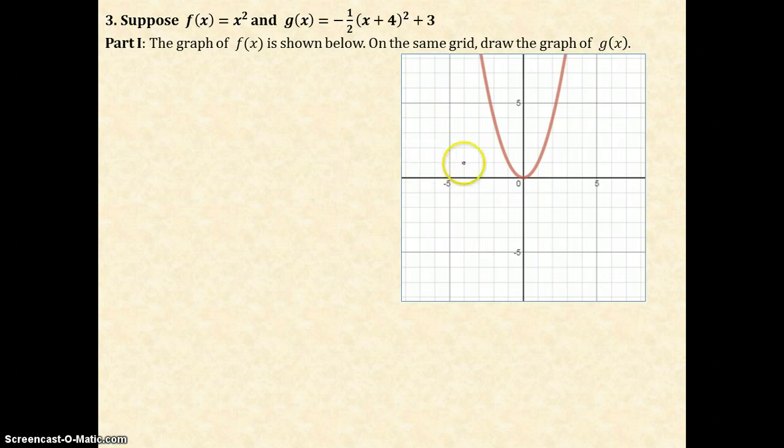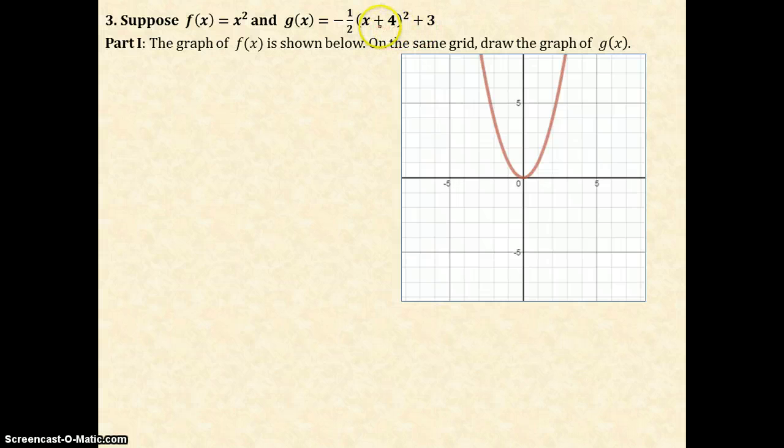Suppose f of x is x squared, and g of x is negative 1/2 times the quantity x plus 4 squared plus 3. On the same grid, draw the graph of g of x. Well, the plus 4 here and the plus 3 here, those are going to be shifts.